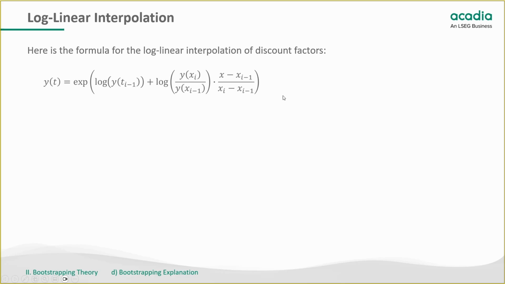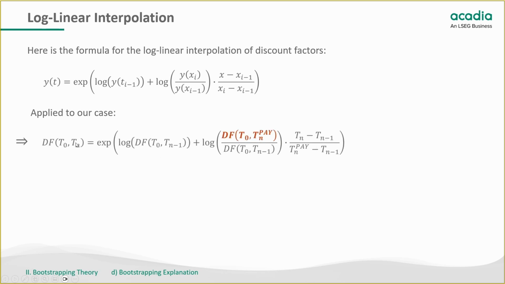It's very important. So we use this general equation, which when you replace the x by T and y by df, looks like that. And with these equations, we can express the discount factor from the maturity date with the discount factor from the payment date, which means we don't have two unknowns anymore, but only one.